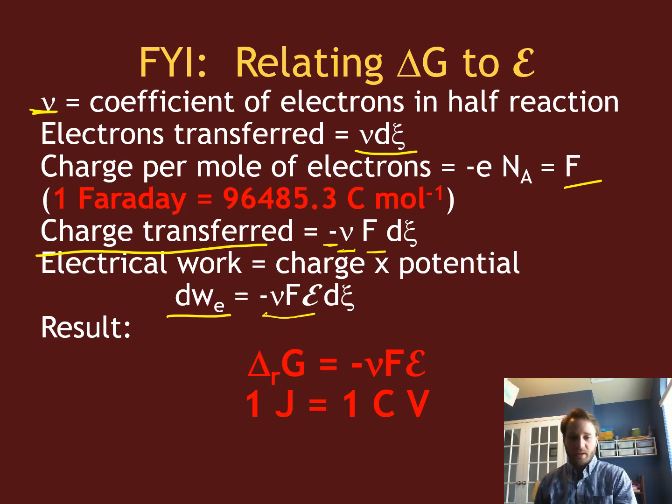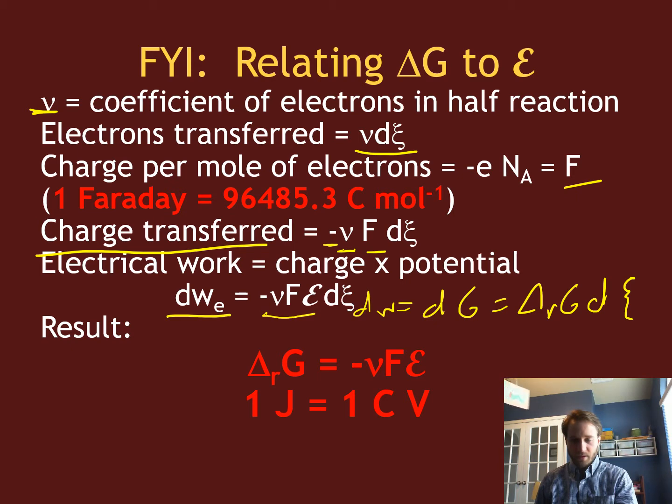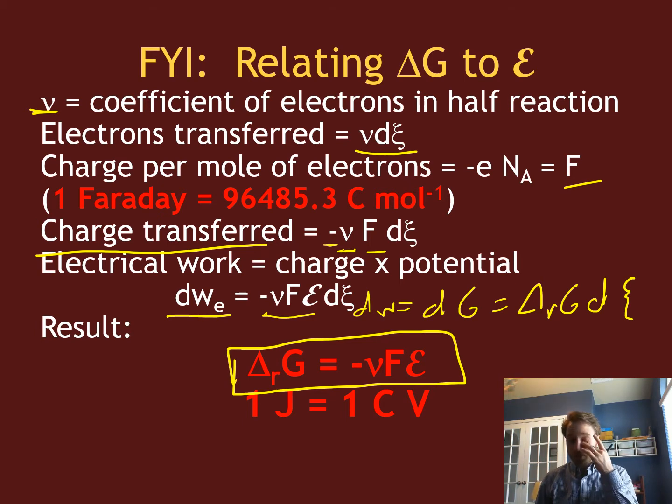And so given that, and on the previous slide dG equaled Δ_rG dξ, plugging in the fact that dG is related to dW, we get this relationship here: that the free energy change for a chemical reaction is related to minus ν, that stoichiometric coefficient, the number of electrons transferred, times Faraday's constant times the cell potential of that reaction.